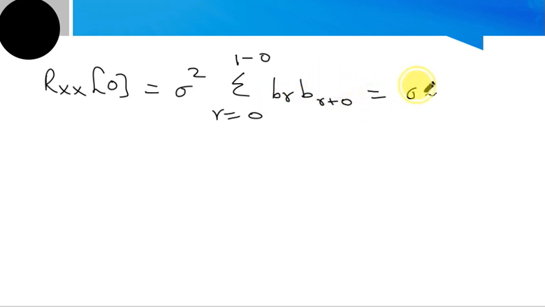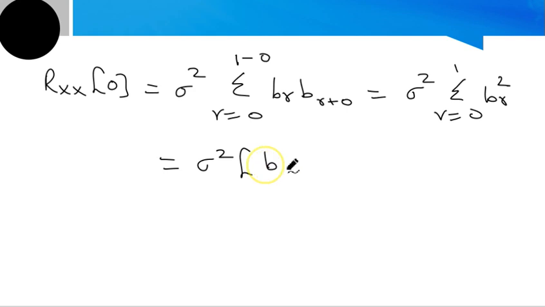This gives me Rxx of 0. I put m equal to 0. I will have sigma squared summation r equal to 0 to q minus m, where q is 1, so q minus m becomes 1 minus 0, and br br plus m becomes br br plus 0. So this is nothing but sigma squared summation r equal to 0 to 1 of br squared, and this leads to the result sigma squared into b naught squared plus b1 squared. This is Rxx of 0.